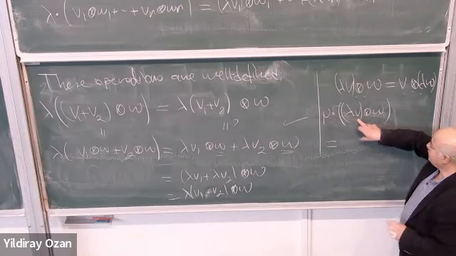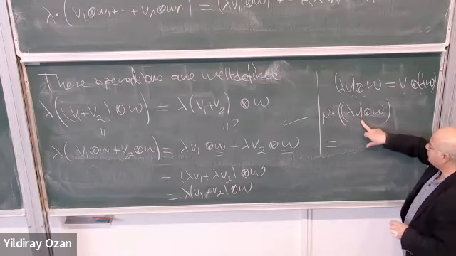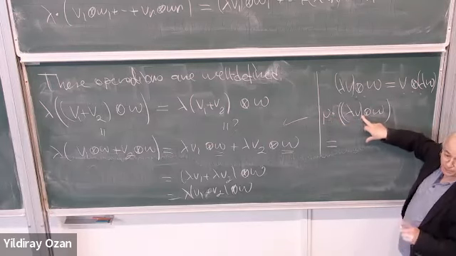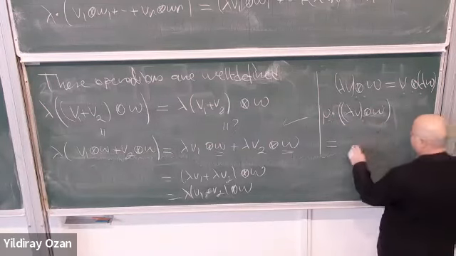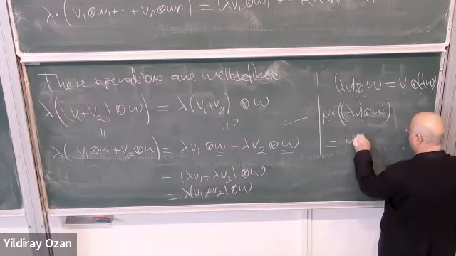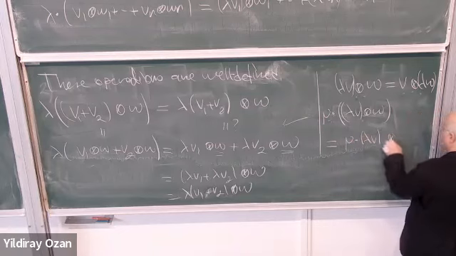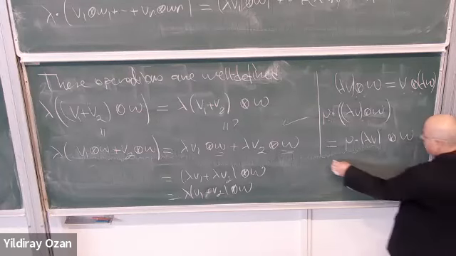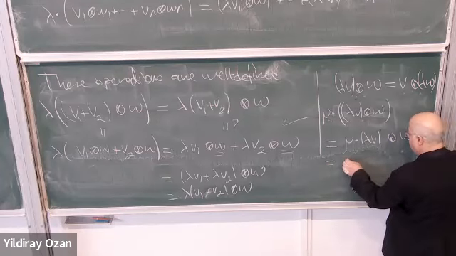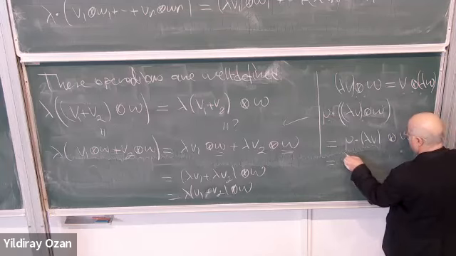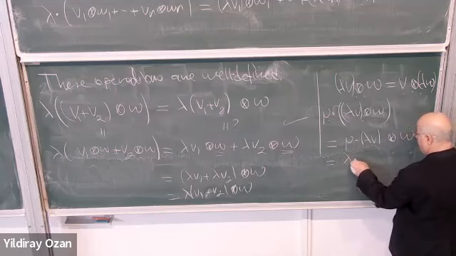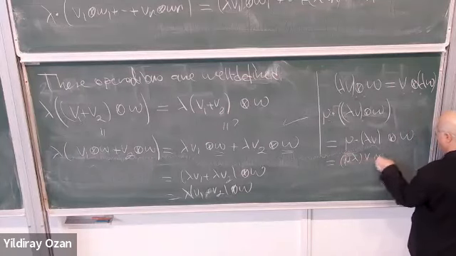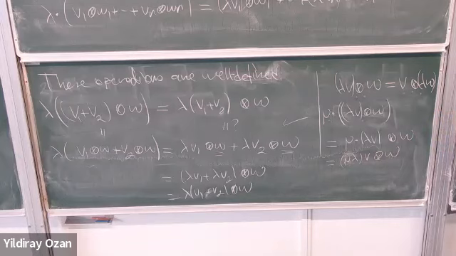Now, what is this definition? What is this multiplication? Well, my definition is that take the scalar and multiply it with the first element. So let's do that. So this is lambda mu times lambda b tensor w. And this is just lambda times mu times lambda times b tensor w, right?